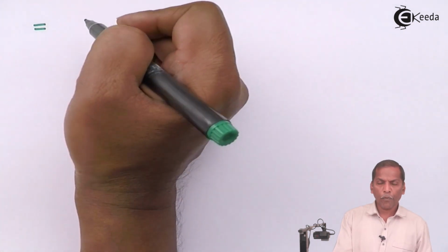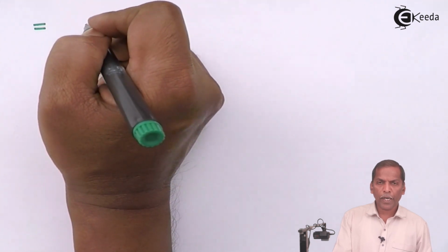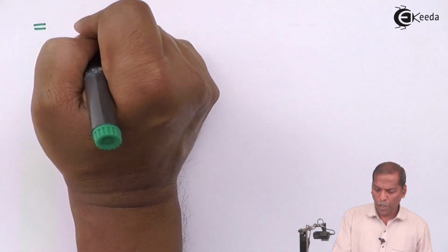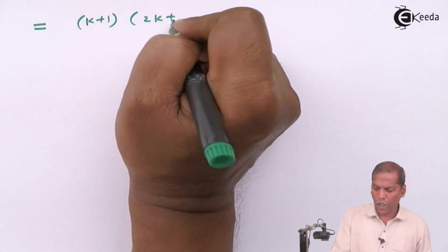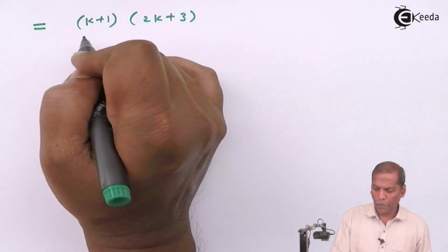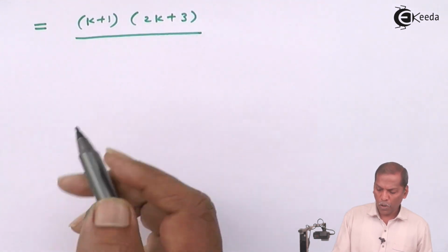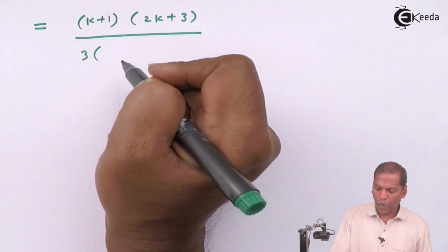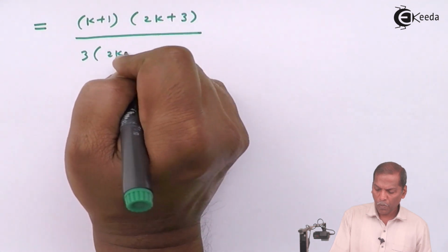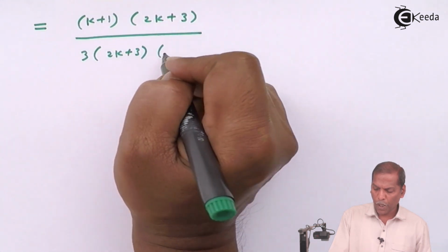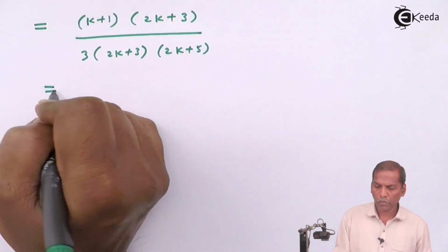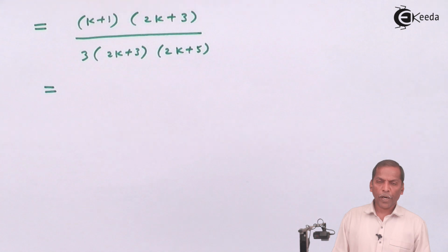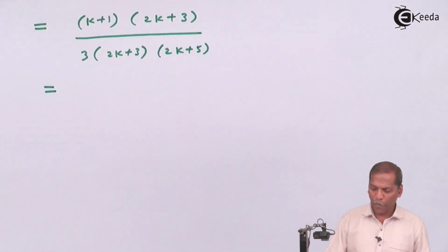The next step will be: from these two we take k plus 1 common. So we have k plus 1, and the remaining term is (2k plus 3), upon 3(2k plus 3)(2k plus 5). Now here we cancel the term 2k plus 3 from numerator and denominator.